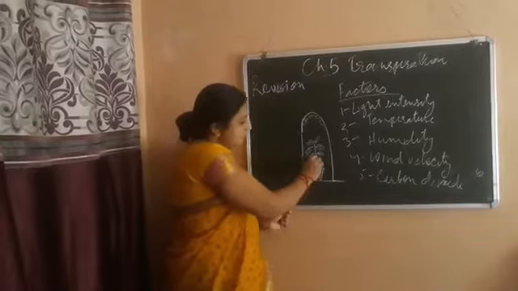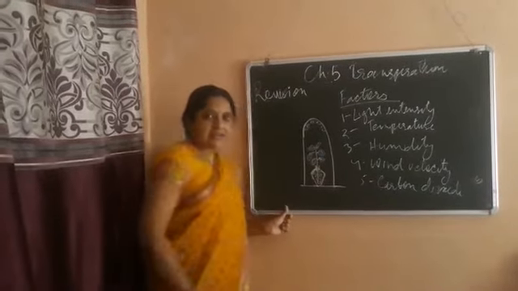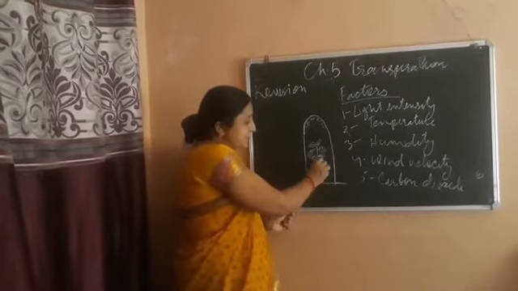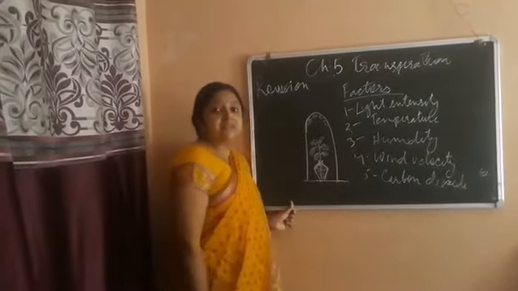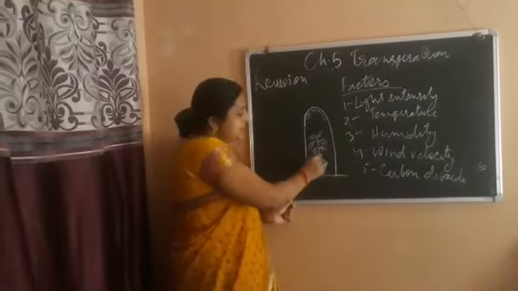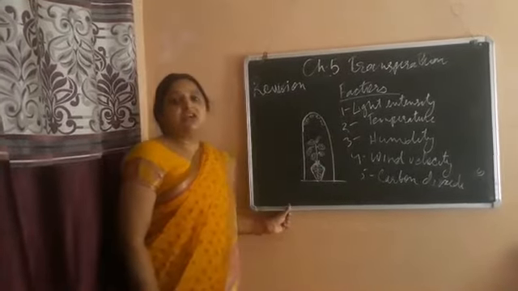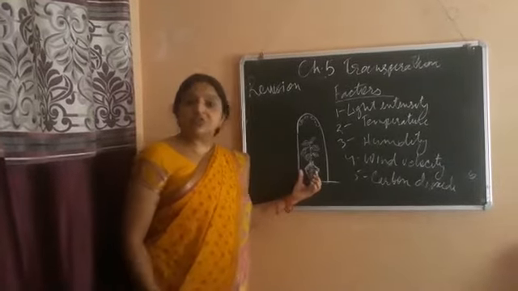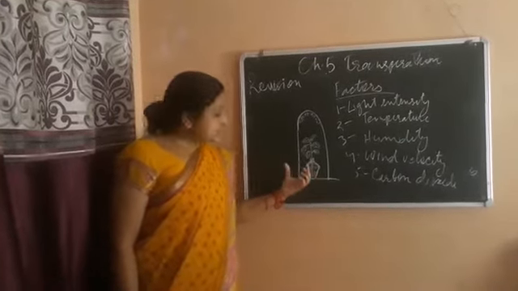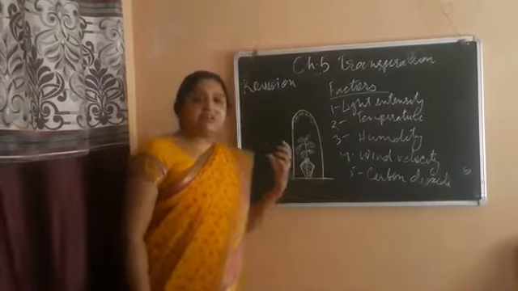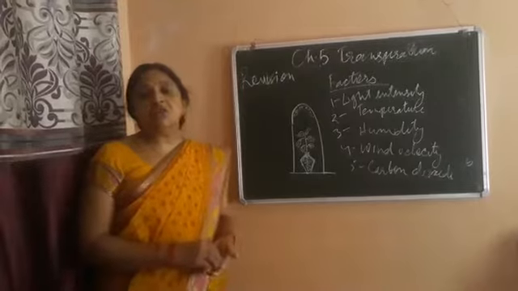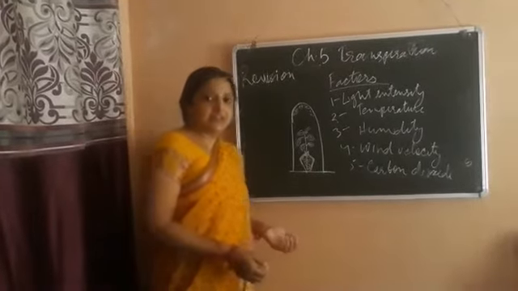Now, why is the pot covered by the polythene bag? This question also comes. It is covered by the polythene bag to avoid the evaporation of the water from the soil. This is the answer.